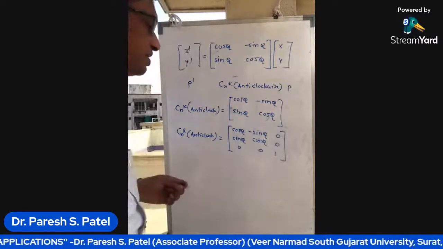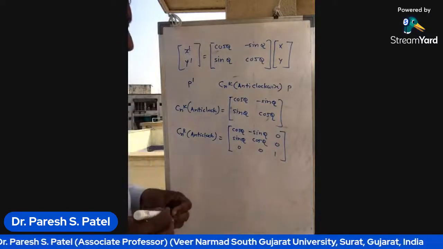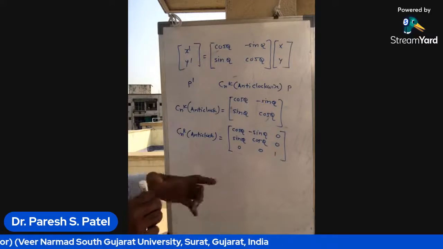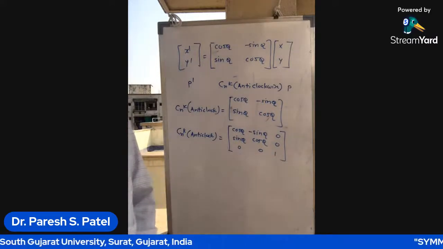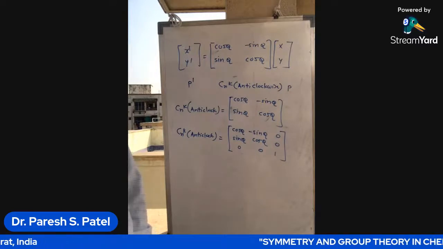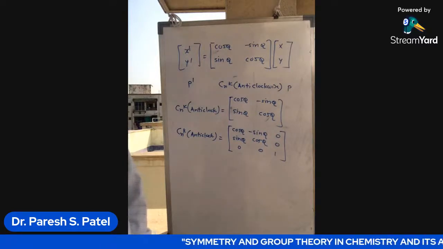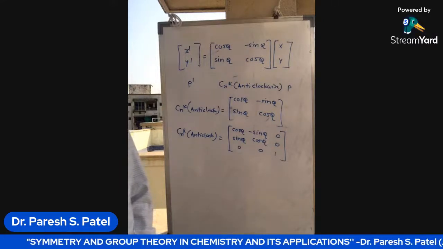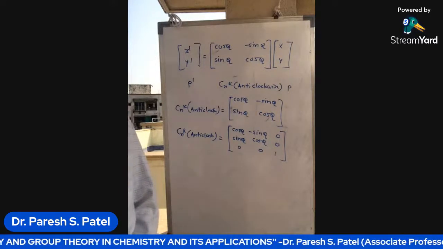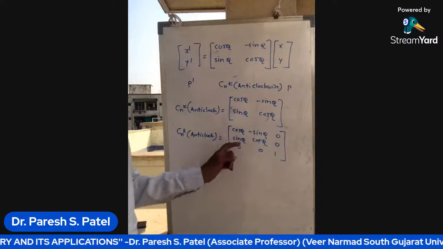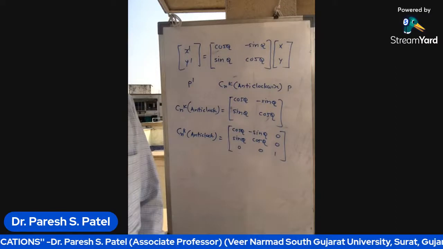So this is the three-dimensional system, and this is the matrix representation for anti-clockwise rotation. If we put in the value of theta for that rotation, we get the matrix for it. If we operate the C2 symmetry operation for anti-clockwise rotation, it means C2 inverse. So theta is equal to 180 gives the resultant matrix for C2 inverse.